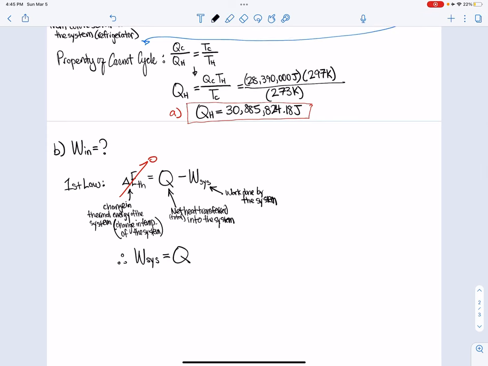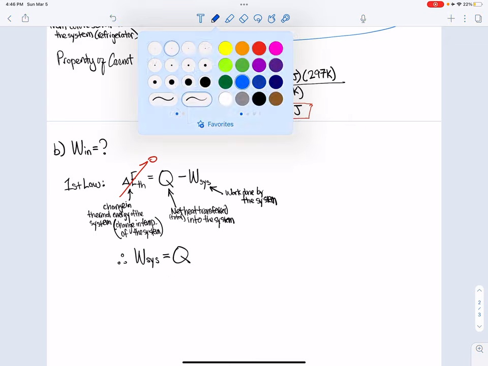I'll rewrite that in blue so it's clear.